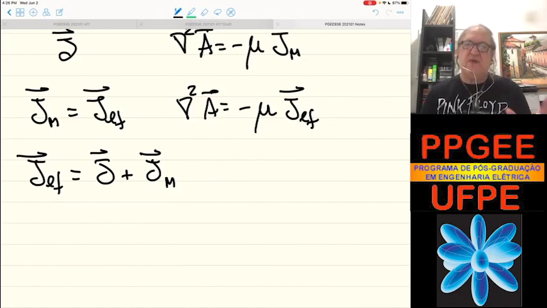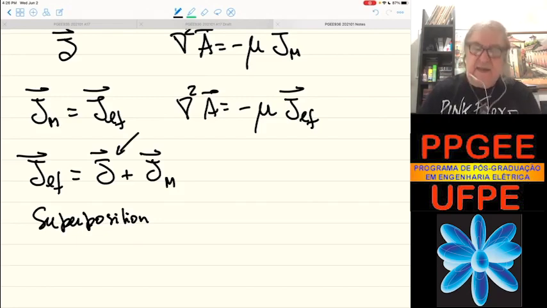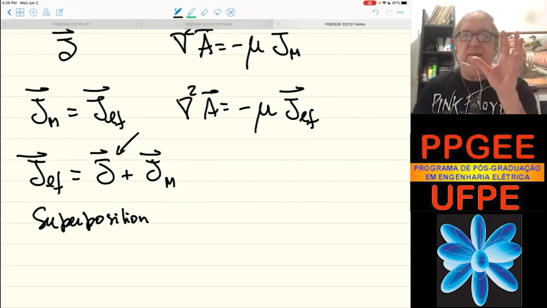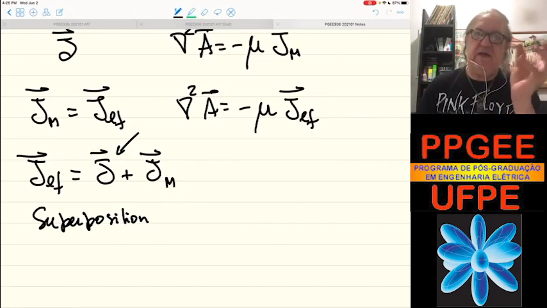Or, if you want, you solve by superposition, right? You do a superposition of our results, because we are assuming that these quantities in the problem are independent. If one affects the other, then we cannot use this principle. But if one is independent of the other, you can simply add. If J and Jm are given, they are fixed, they influence the field, but not each other.